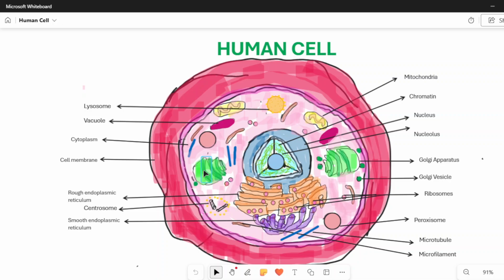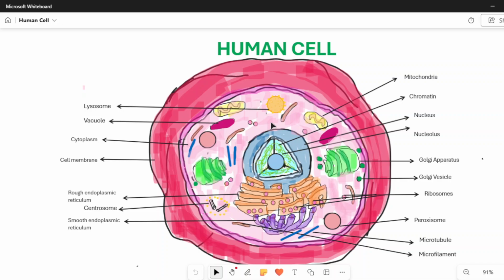It is similar to our human body, where we have different organs like our heart, lungs, stomach, all performing different functions. Similarly, inside the human cell, we have different organelles, that is how they are called, performing different functions.